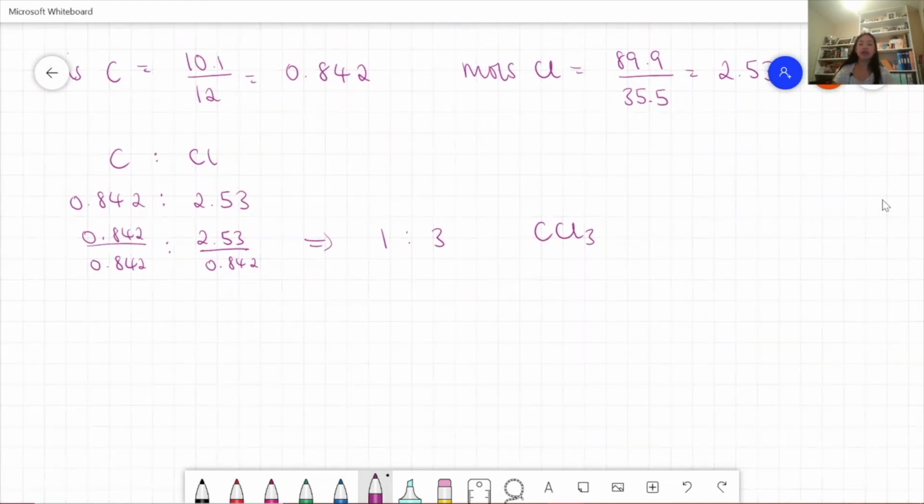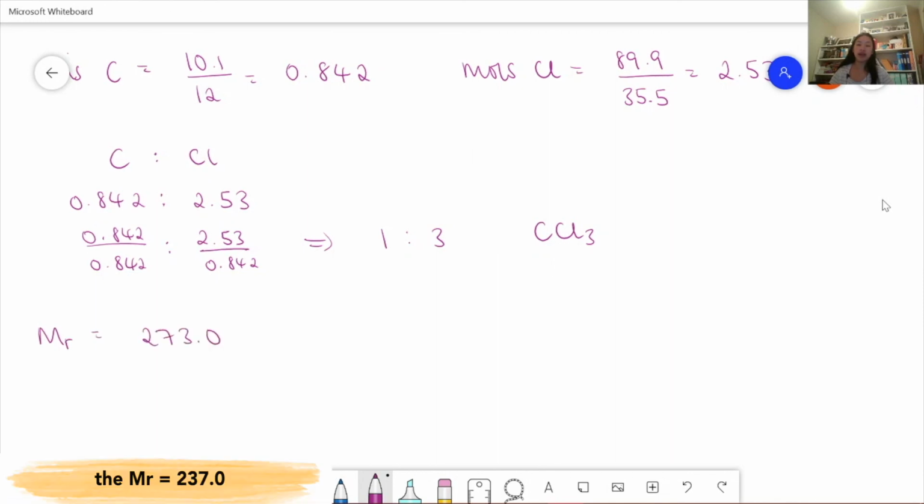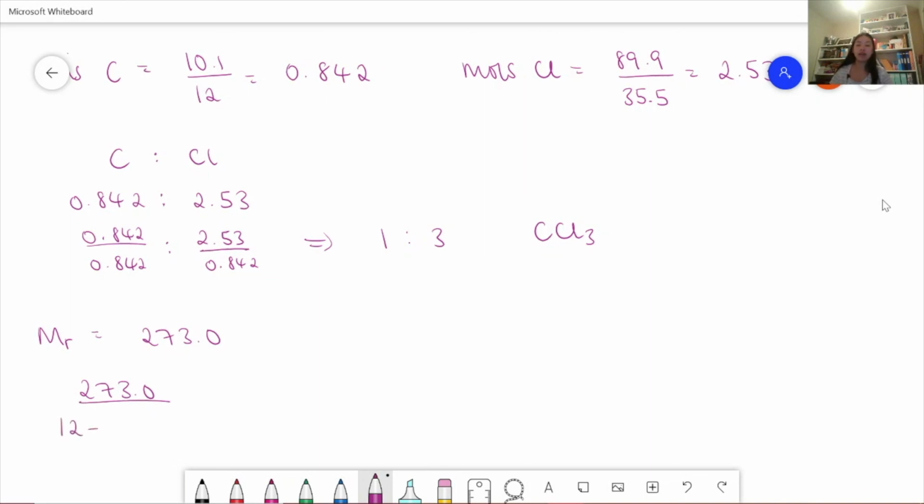And then what we do now is we take the Mr of the compound, which is equal to 237, and divide this by the Mr of CCl3. So 237 divided by the Mr of CCl3, which is 12 plus 35.5 times 3, and this gives us 2.